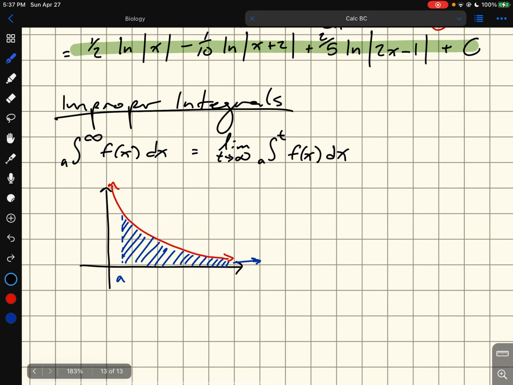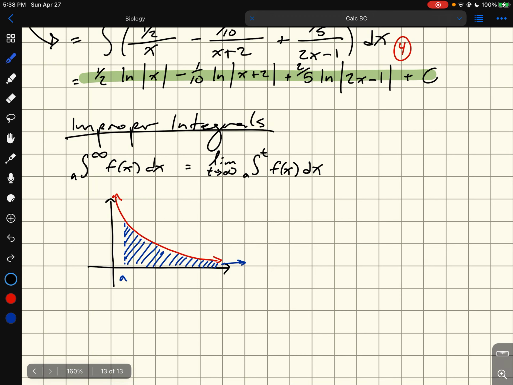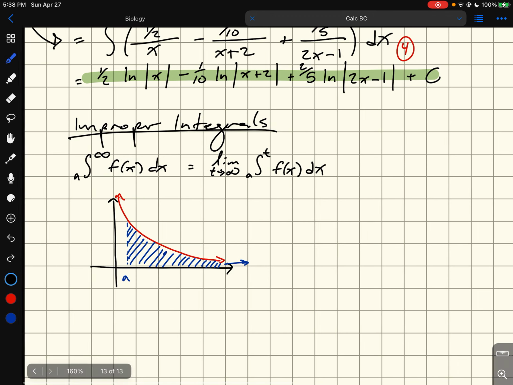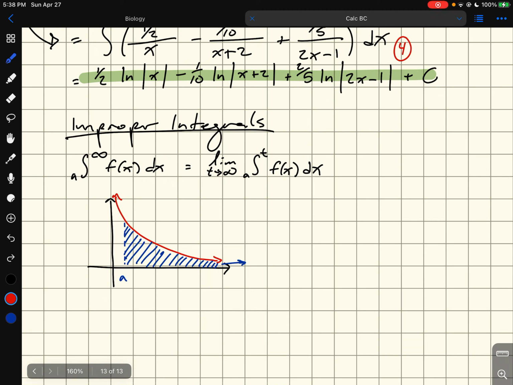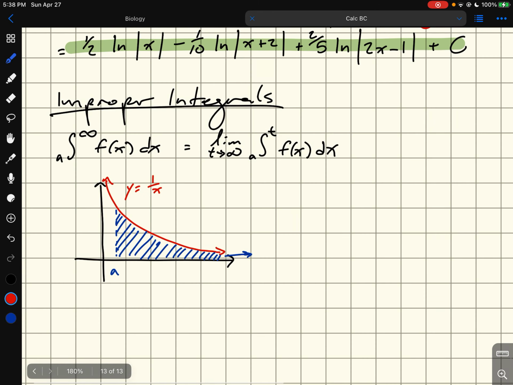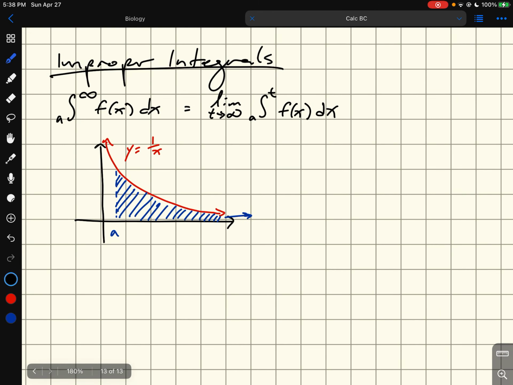So this is what leads you into convergence and divergence. So if this was the graph, I'm just going to use this as an example. If this was the graph of 1 over x, then if you remember from our series, from a to infinity of 1 over x dx, this is going to diverge because this is a divergent p series, or a harmonic series.